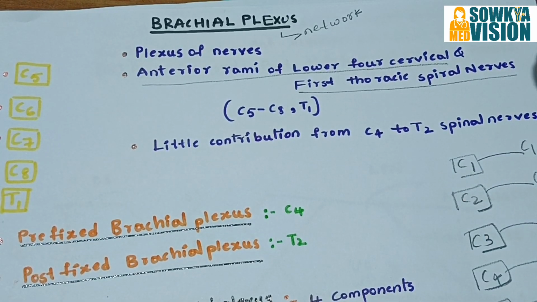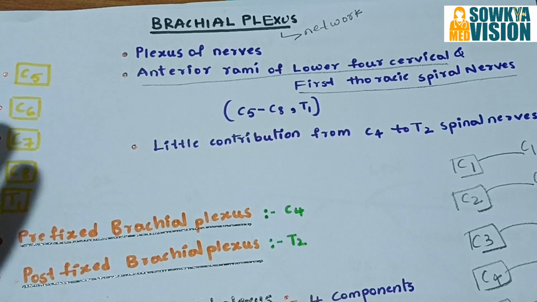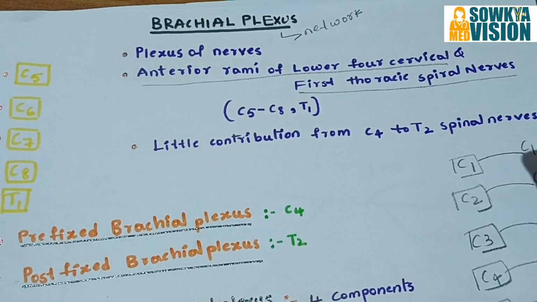So the thoracic spinal nerves don't form any plexus. Lumbar and sacral spinal nerves form the lumbosacral plexus, lumbar plexus and sacral plexus. But a thoracic plexus does not exist. So there are cervical plexus and lumbosacral plexus but no thoracic plexus.